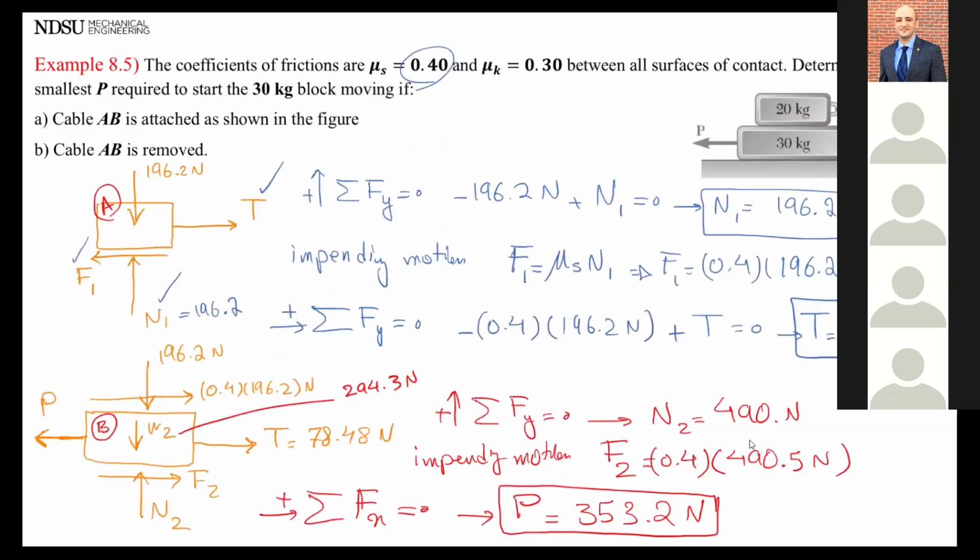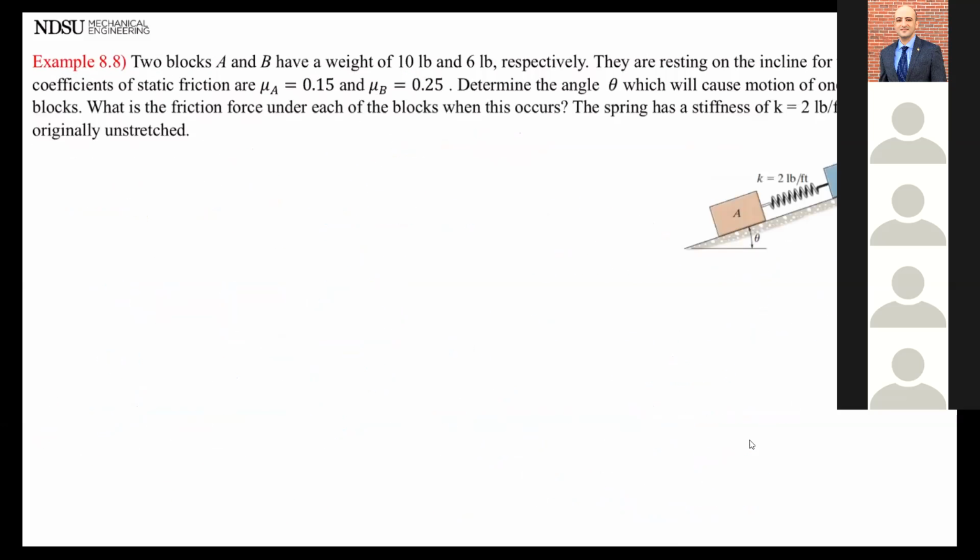For problems like the next one, which we're going to solve on Wednesday, I don't know which block is going to move first. So I have to assume A will move first. Then I write F_A equals mu_A N_A and solve the rest of my solution.